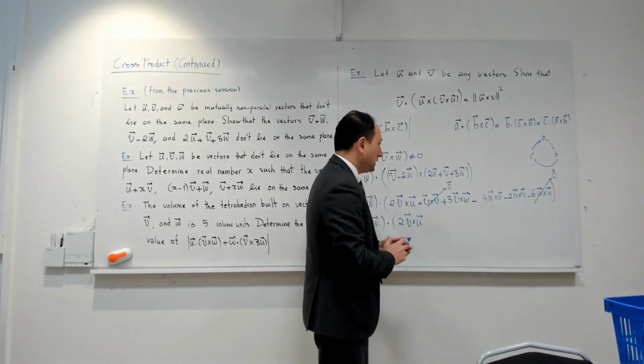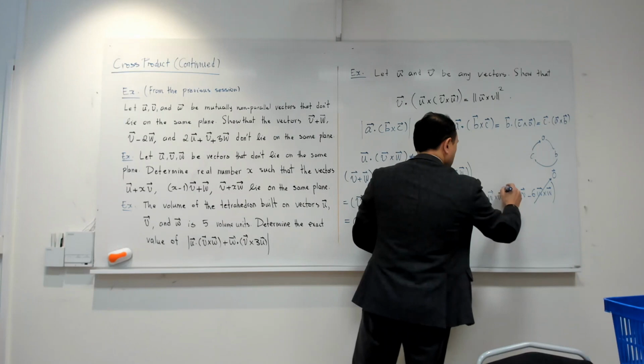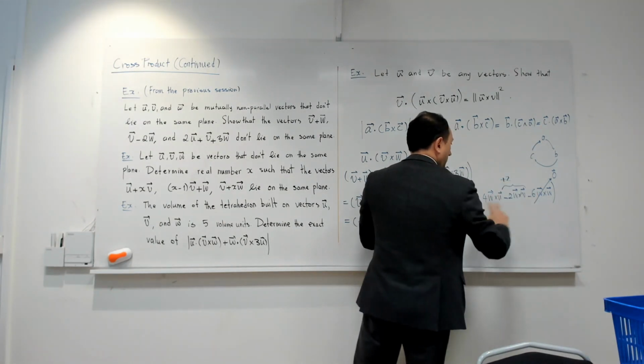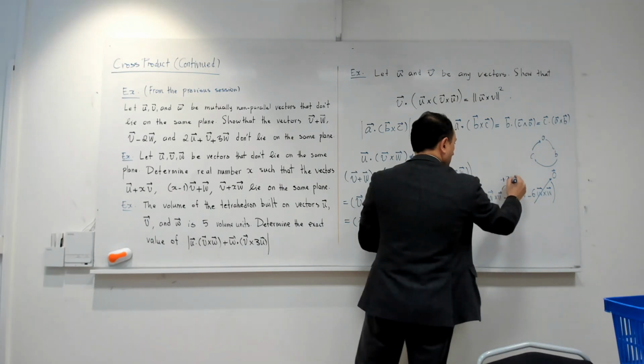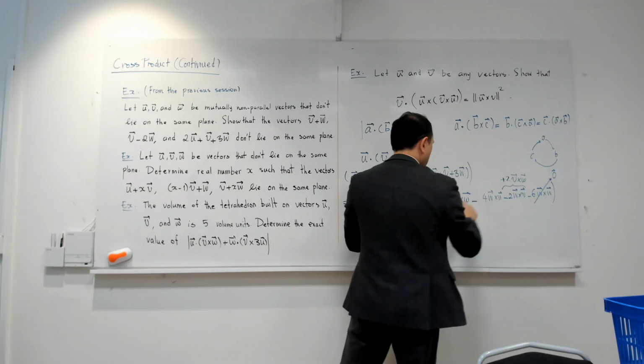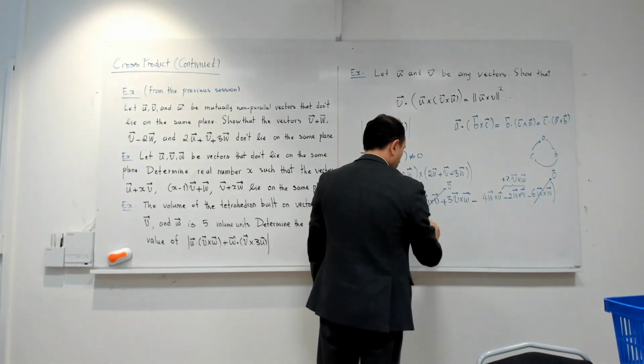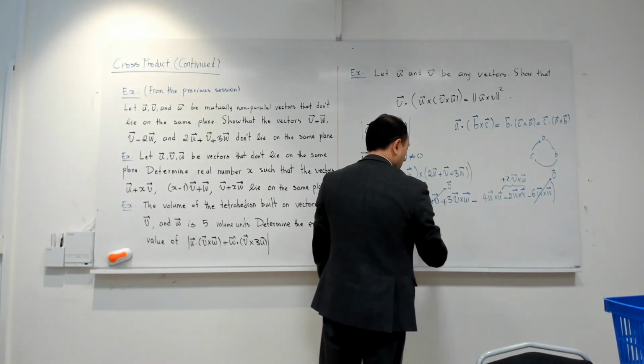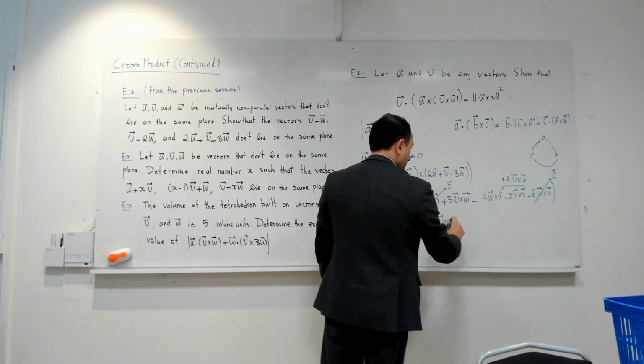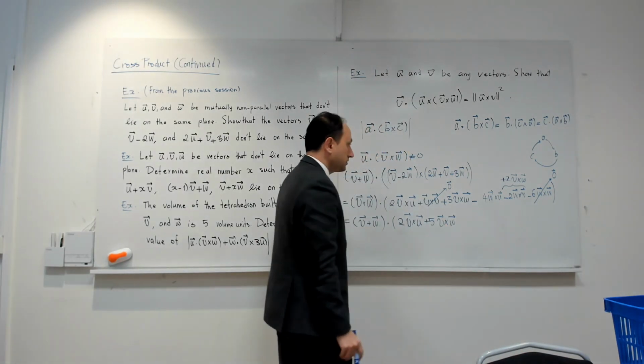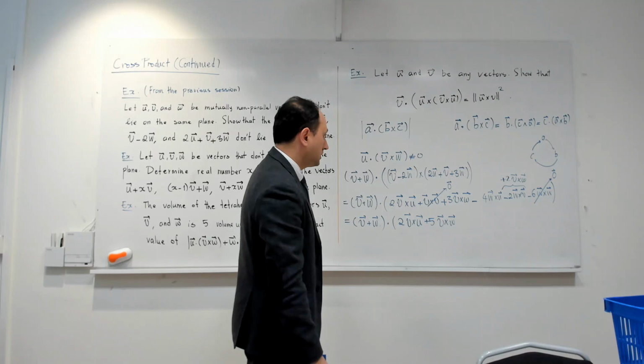So if I interchange this, I would write it positive 2, but I have to swap these two. So it becomes V cross W. Then I have 2 of them here, 3 of them here, so it becomes 5 V cross W. Is there anything more?